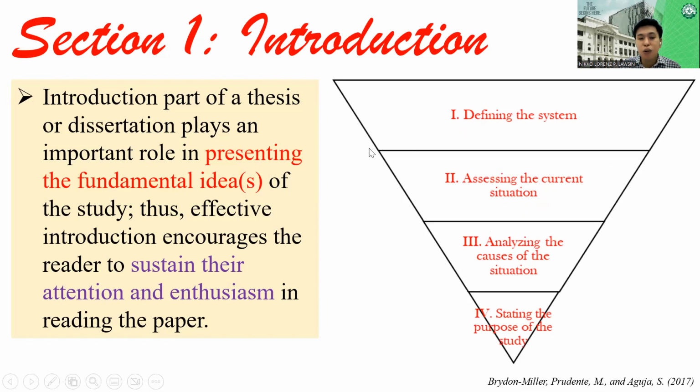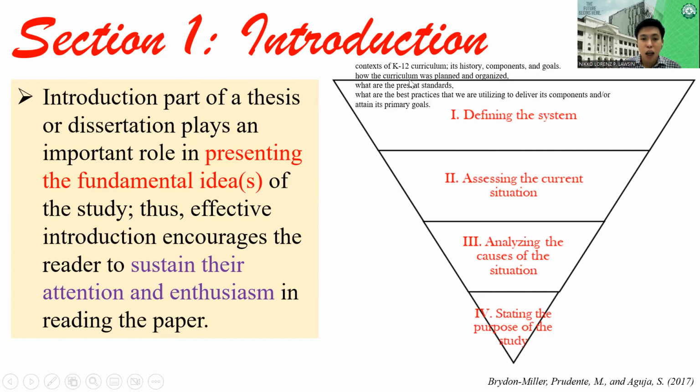So for example, the first part, you have here defining the system. The second one, you have assessing the current situation. The third is analyzing the causes of the situation. And the fourth is stating the purpose of the study. In defining the system, you can work on the following.